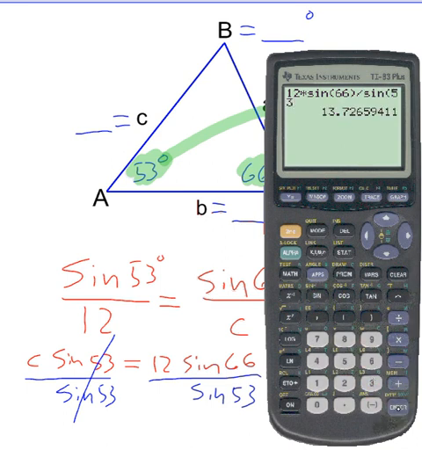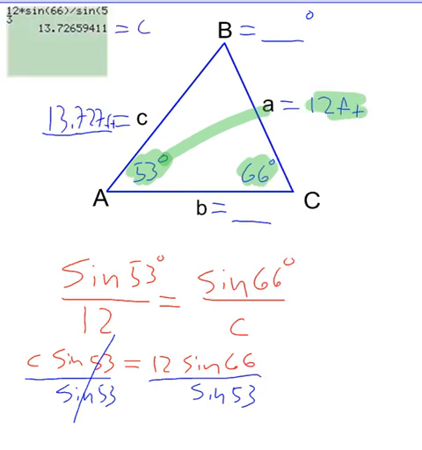That gives me the length of side C, which I should expect to be bigger than side A, since the angle is bigger. So the answer is 13.727 feet. Of course, then I'm going to get angle B and then side B.